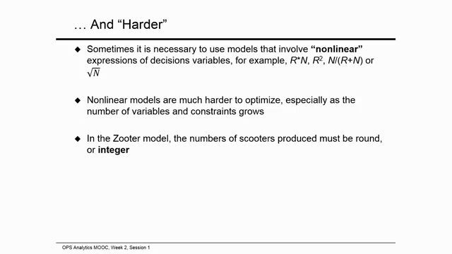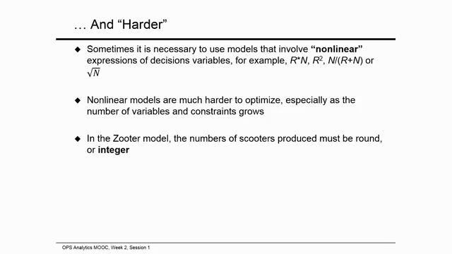So to summarize, the easiest class of models to deal with are linear models with variables that are allowed to take any fractional values. We will see such a model in session 3 of this week. If you add integer requirements to the variables of your model, or make it nonlinear, or especially if you do both at the same time, you're making the model harder to optimize, whether using Solver or some commercial optimization software.